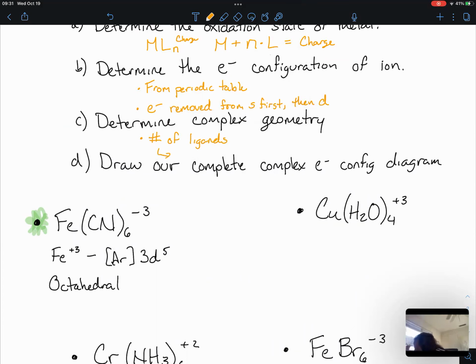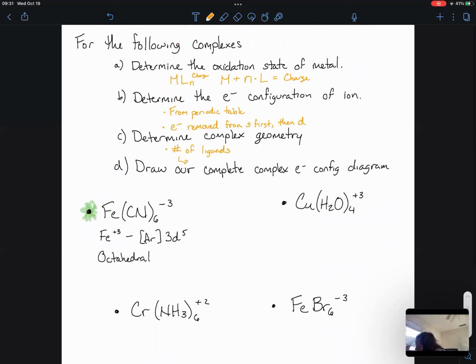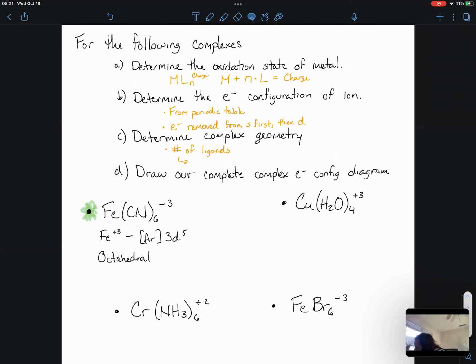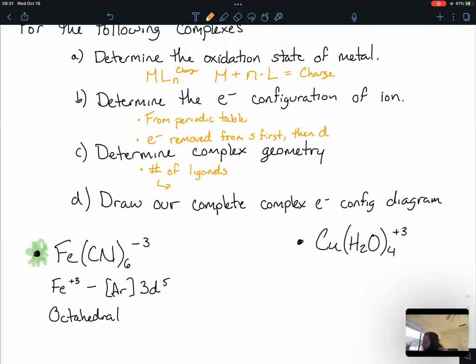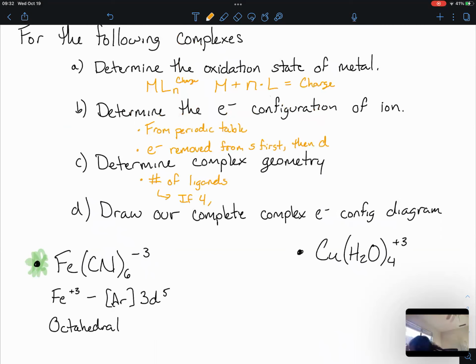And if there are 4 of them, then we have to distinguish between tetrahedral and square planar by looking at the actual electron configuration, because square planar is d8. But in this case, I have 6, so I know I'm going to need the octahedral geometry.